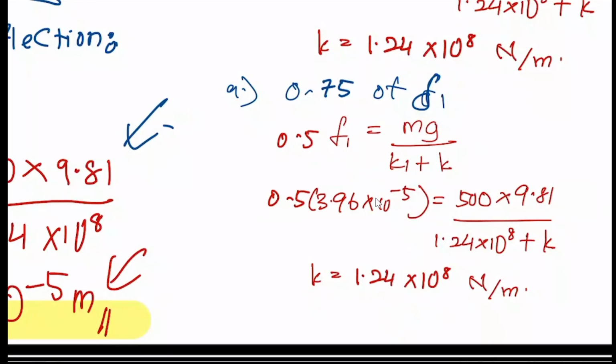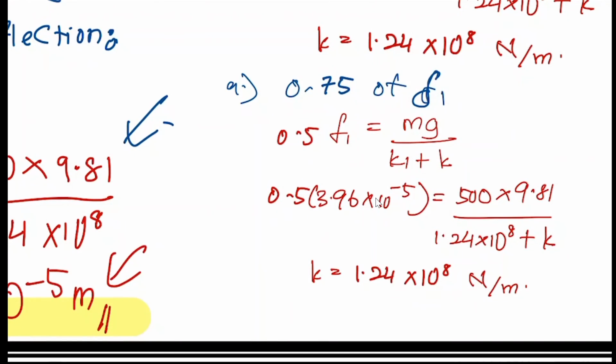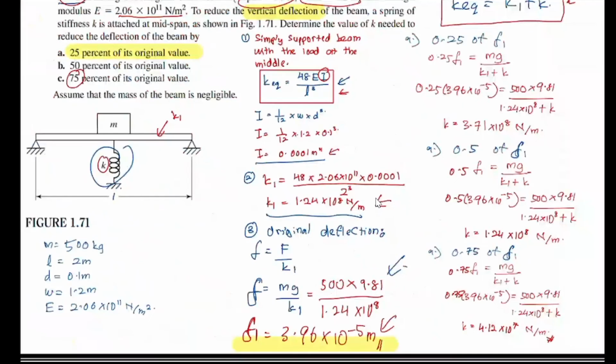So just change everything inside here to 0.75. And then you can again calculate for K, the value for the spring. You get the answer to be 4.12 times 10 to the power of 7 Newton per meter.